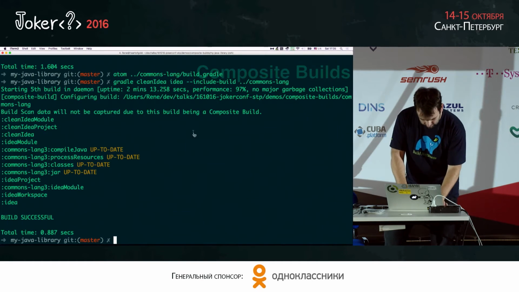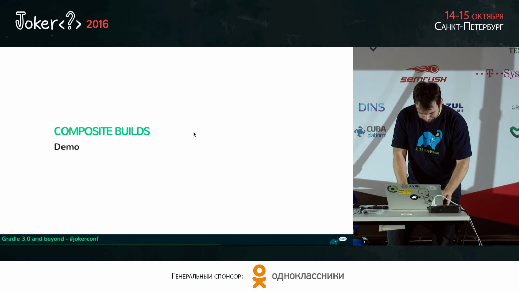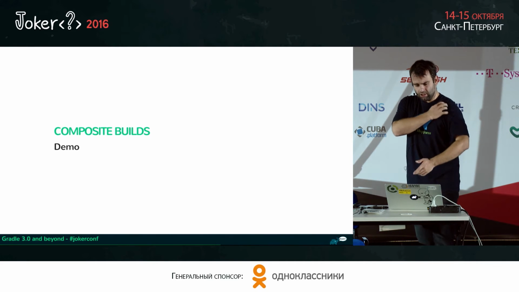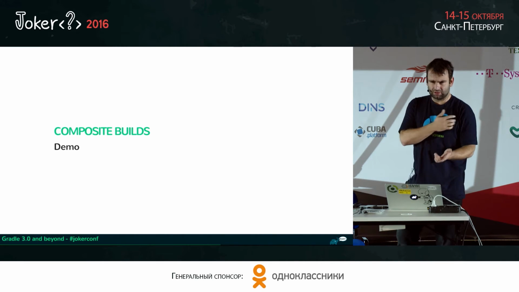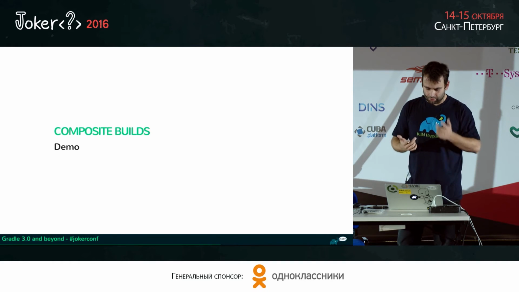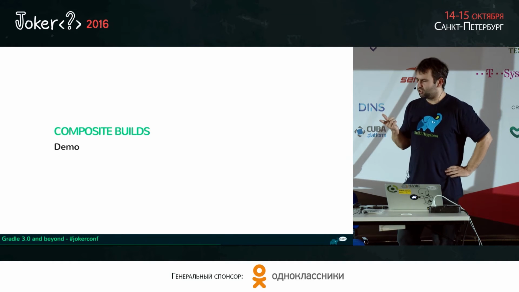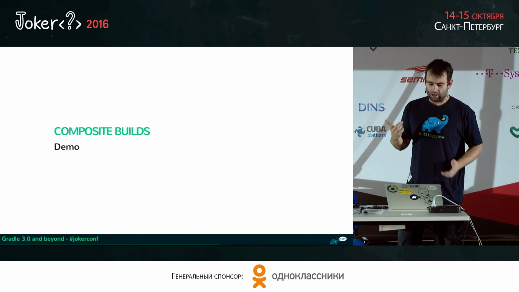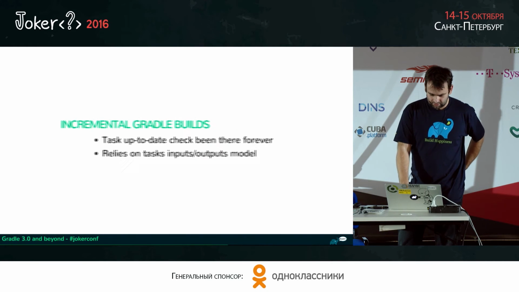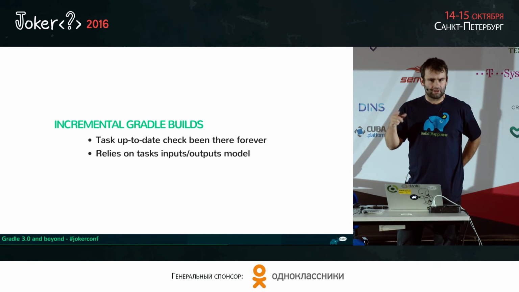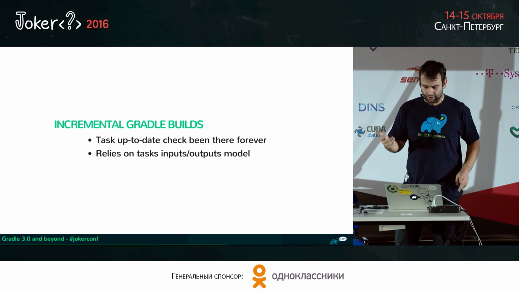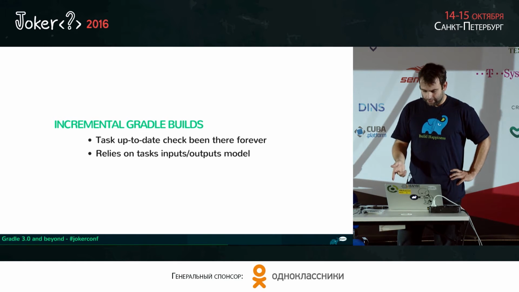Really nice thing to do. It's supported out of the box by Buildship, our Eclipse plugin, and IntelliJ just announced yesterday that they have composite build support in IntelliJ. So if you import a project there, you can select multiple ones and it will automatically work.